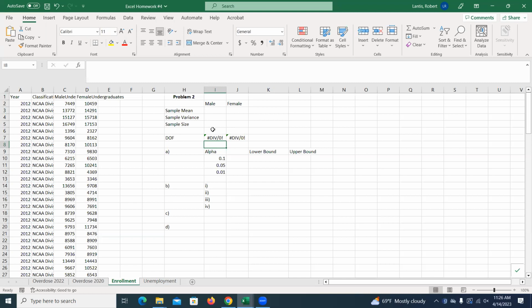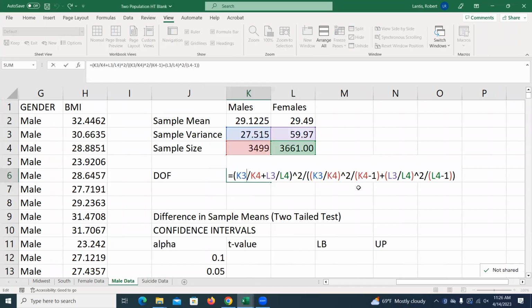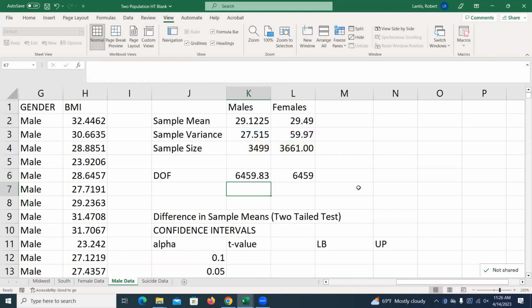I have it set up the exact same way. And it's because, like I said, I understand it's just an exercise in, well, I guess maybe there's some value to this, but an exercise in how attentive to detail you can be. There's just a lot of parentheses here. Okay. So I've got my degrees of freedom.